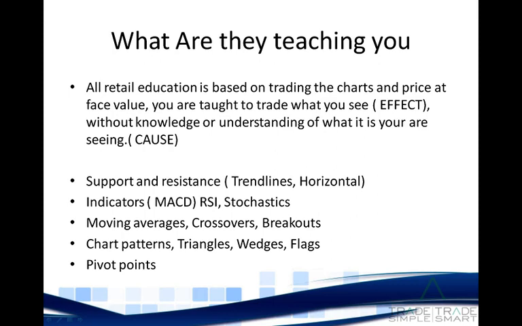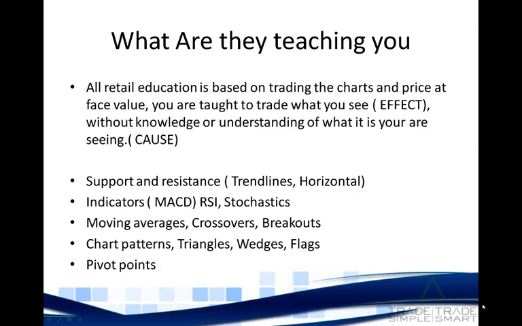We can understand how to identify it, we can even understand how to trade it, but if we don't understand why they appear and how they are used by the large players within the forex market, we will only ever be trading the effect, or what we see on the charts. Okay, and the same can be said for support and resistance.